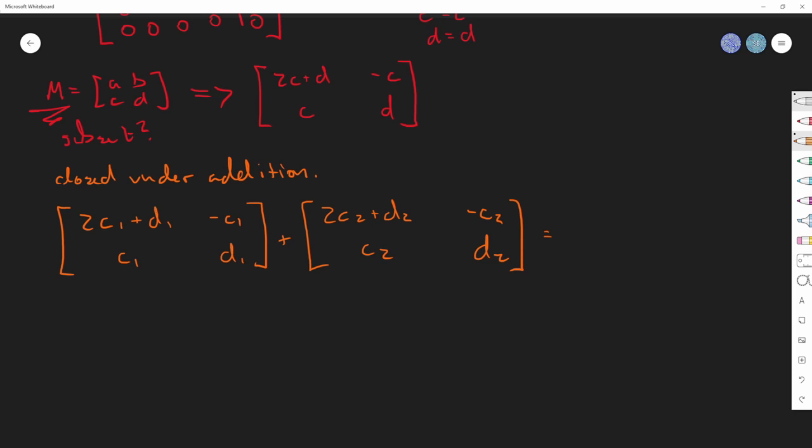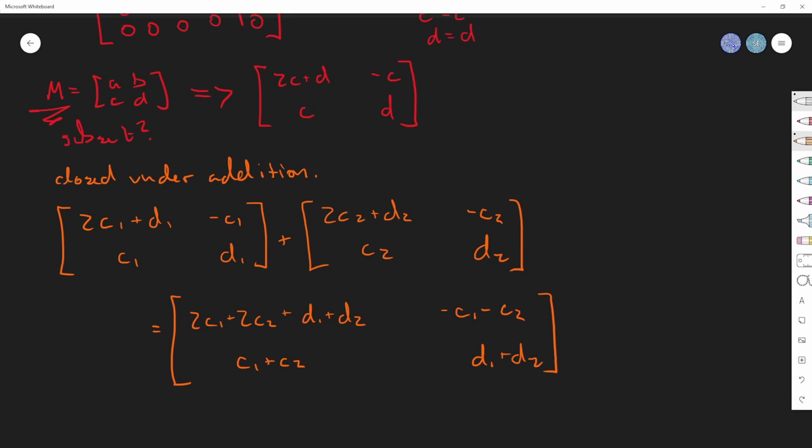And so when you add these two together, we are going to get 2c1 plus 2c2 plus d1 plus d2. The bottom part will have c1 plus c2, and we'll have negative c1 minus c2, and then lastly we'll have d1 plus d2.